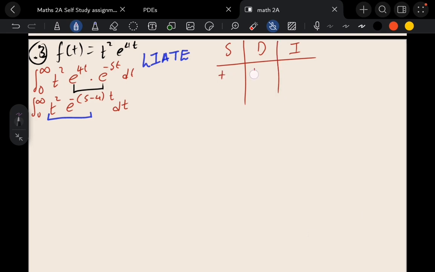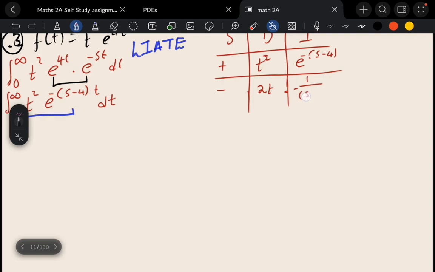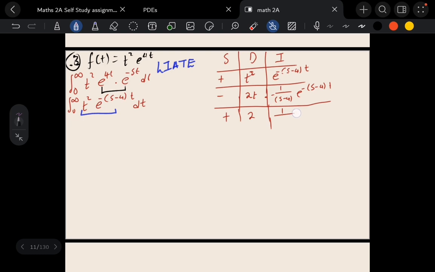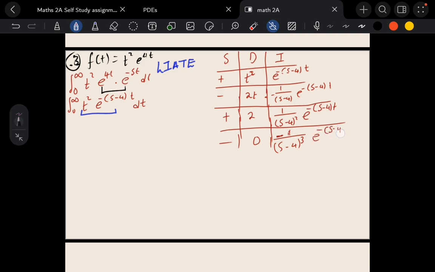So this is plus, this is t squared, this is e to the power negative s minus 4, minus, this is 2t, it is negative 1 over s minus 4 e to the power negative s minus 4 t, it's shifting, plus derivative 2 times 1 over s minus 4 all squared e to the power negative s minus 4 t, minus 0 times negative 1 over s minus 4 all cubed e to the power negative s minus 4 t.